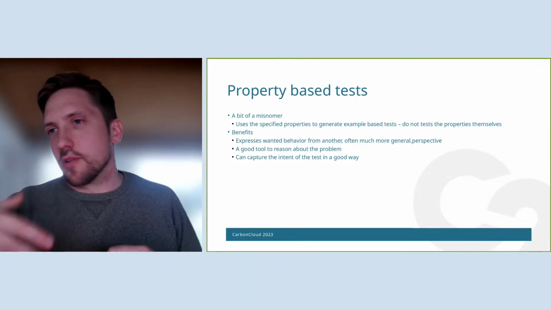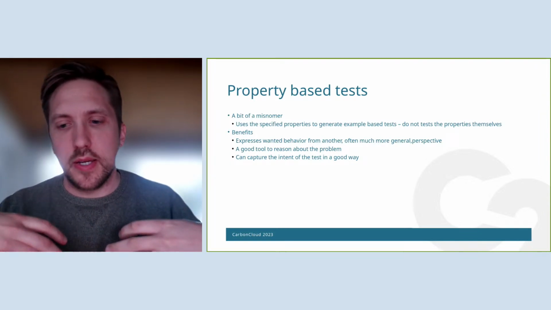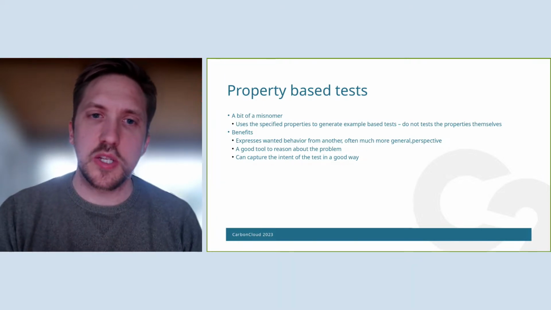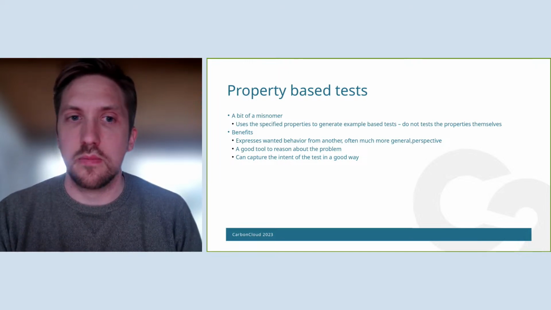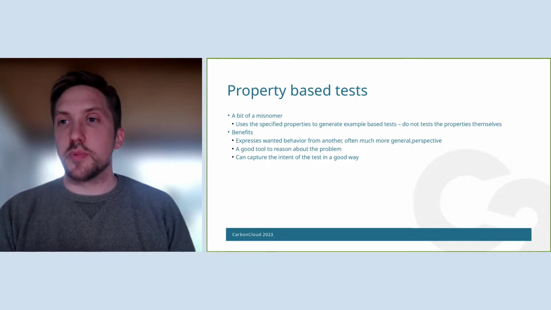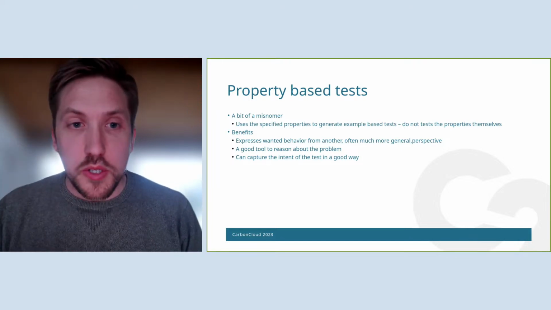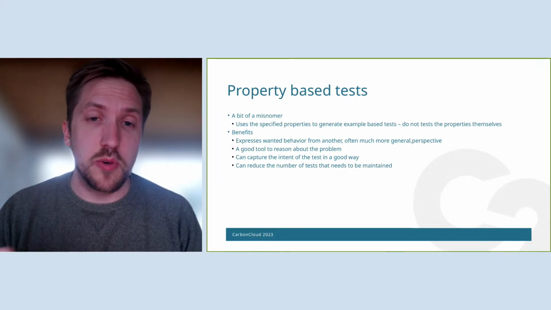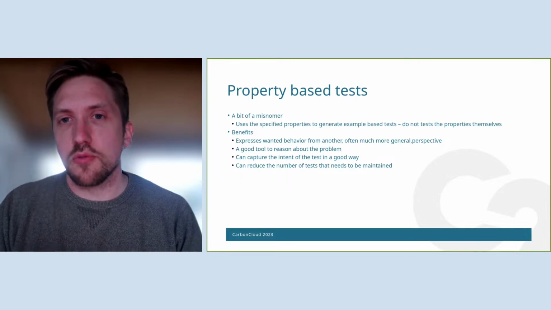And of course, you can add a lot more rigorous terminology, tools and thinking to express those properties in a very rigorous way if you want to, or you can just say that adding x and y should be the same as adding y and x, because the order doesn't matter, which is great. This way it can, in some scenarios, greatly reduce the number of tests that need to be maintained, changed or updated.